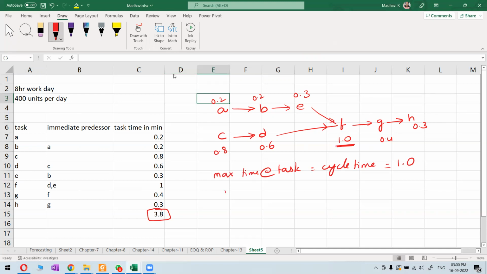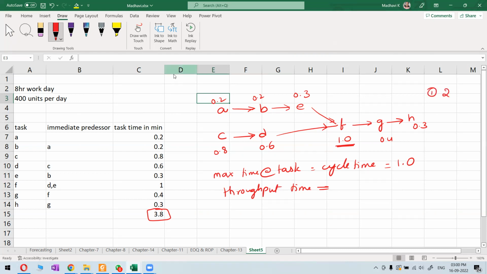And one more point is throughput time. For throughput time, we need to add all the times along a path, like 0.2 plus 0.2 plus 0.3 plus 1 plus 0.4 plus 0.3. That is one way. So we have 0.7, 1.7, 2, 2.4.